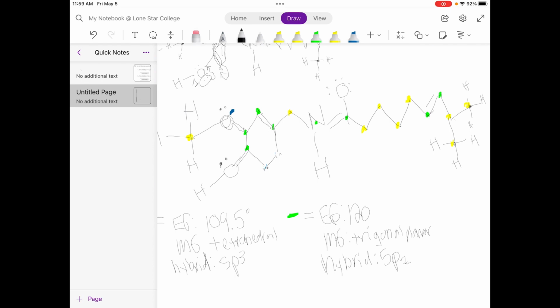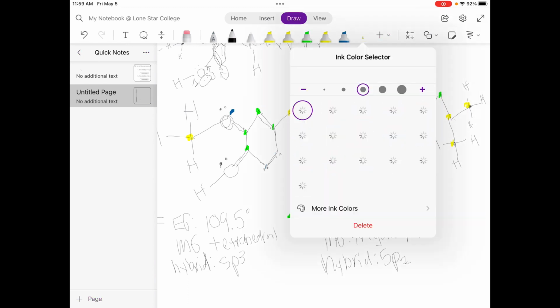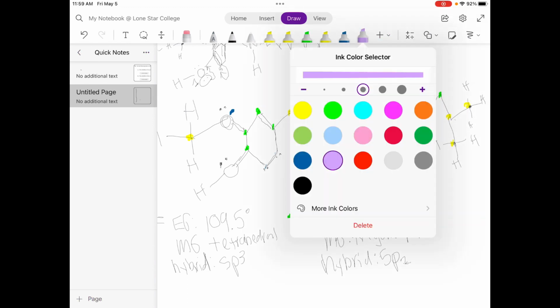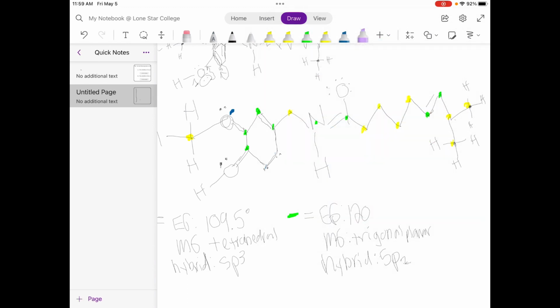Let me fix what I just did. Give me 1 second. Okay, trigonal pyramid is purple. This is trigonal pyramid. I'm going to draw that out later on too. What else?